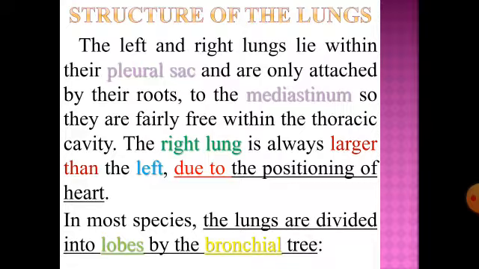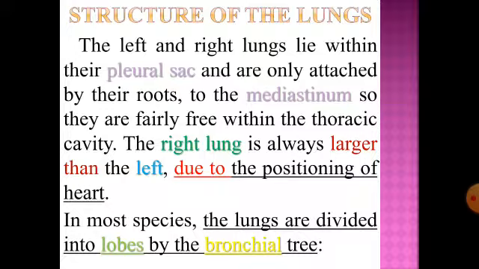Structure of the lungs. The left and right lungs lie within their pleural sac and are only attached by their roots to the mediastinum. They are fairly free within the thoracic cavity.